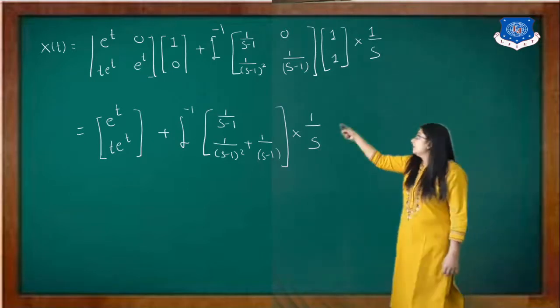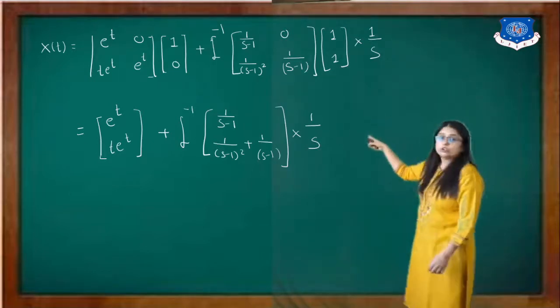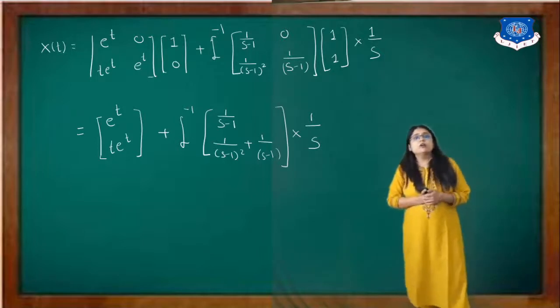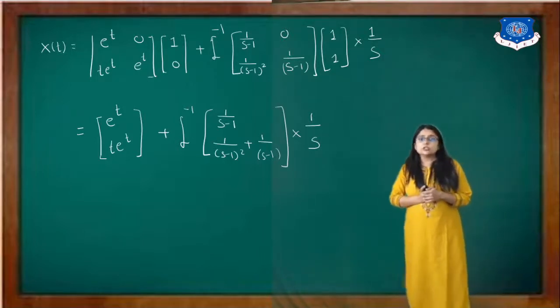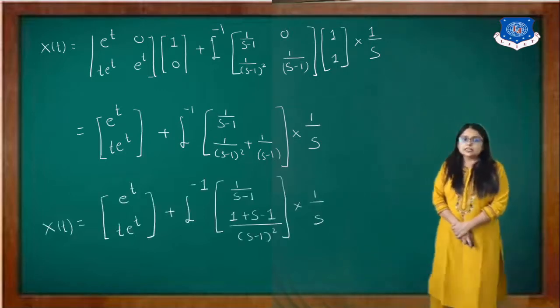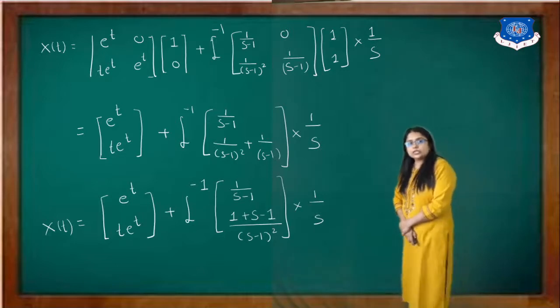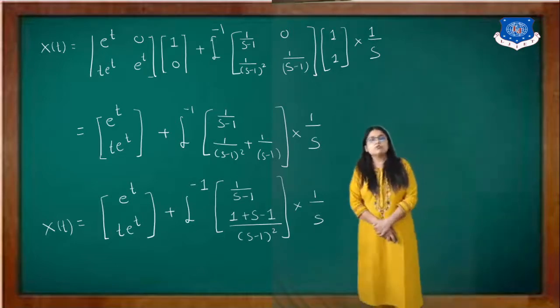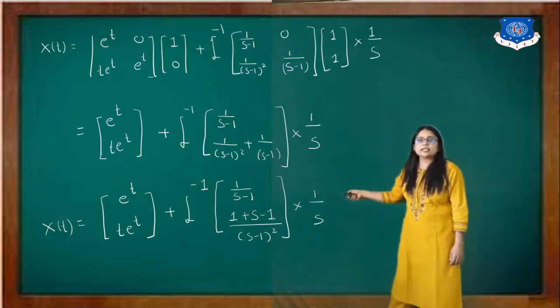minus 1. Now second row, first column. So what we have? 1 upon s minus 1 whole square plus s minus 1 multiplied by 1 by s. Now here e raised to t into e raised to t, Laplace inverse of 1 upon s minus 1. Here you just take the LCM.